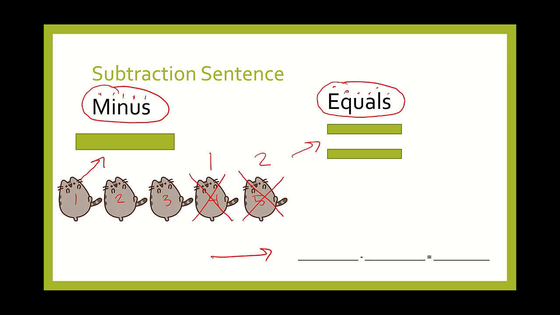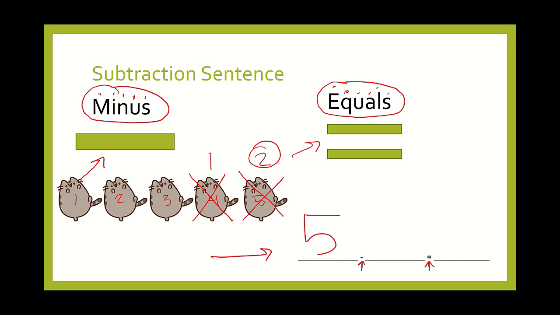So this is what we're going to use to write our subtraction sentence. So here's our minus sign right here, and then here's our equal sign right here. So we started with 5 cats. So we always start with how many were in our group first. So we had 5 cats in our group first. And then we said we had 2 cats leave.